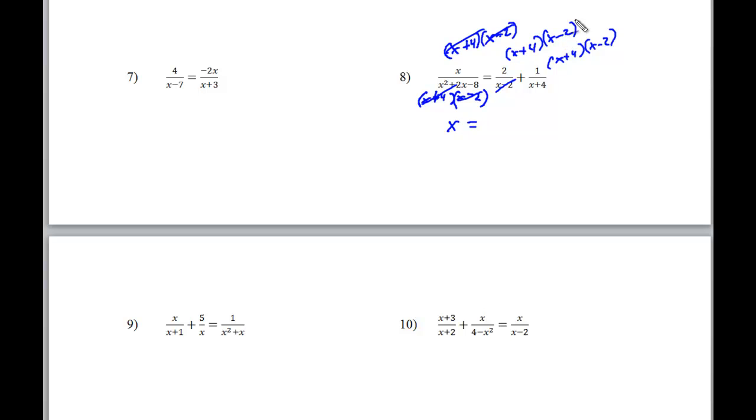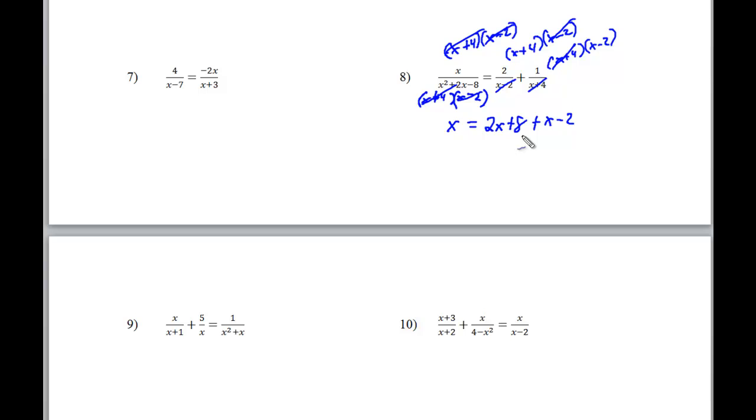This here, I'm going to divide both sides by x minus 2, which gives me 2x plus 8. I multiply the 2 times this. And then I'm going to divide this out here. This is my x plus 4, which leaves me with plus 1 times x minus 2.